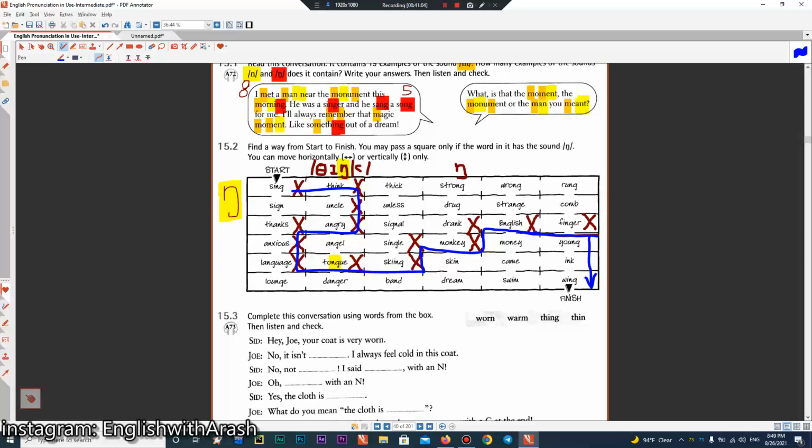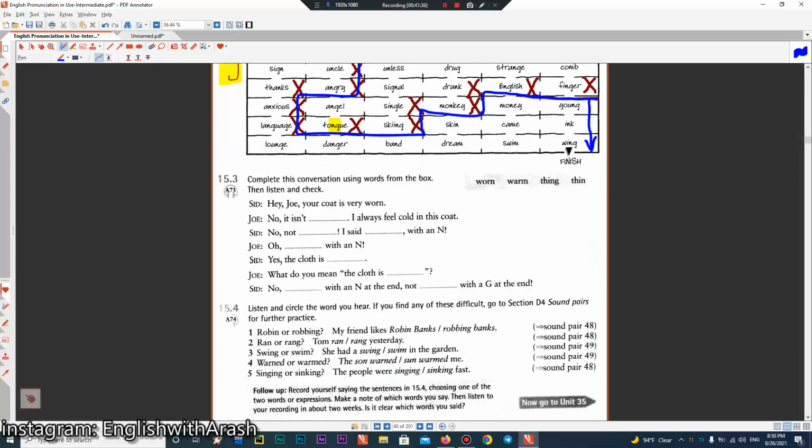Sing, think, uncle, angry, thanks, anxious, language, tongue, skiing, single, monkey, drank, English, finger, young, ink, wing. My mouth is all tired. My tongue has to go back a lot, so it makes me tired. Yes, wing is also good, the last one.